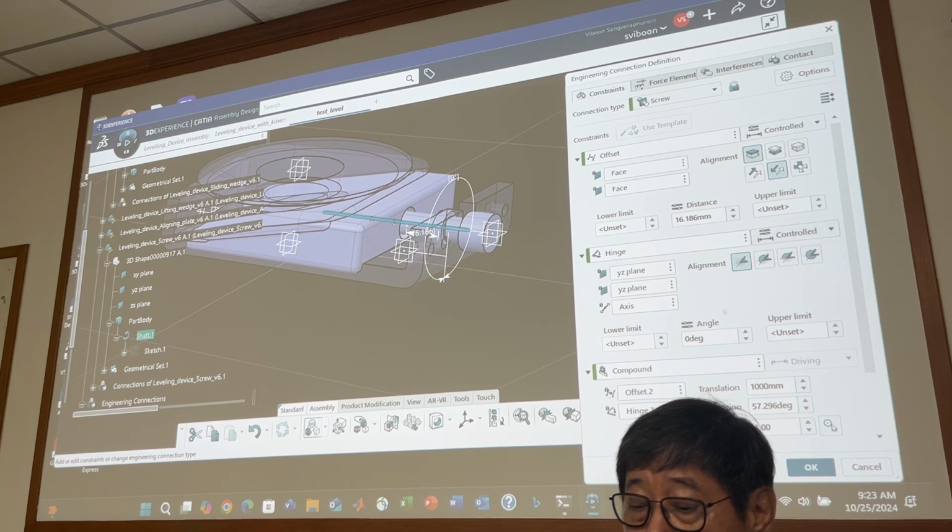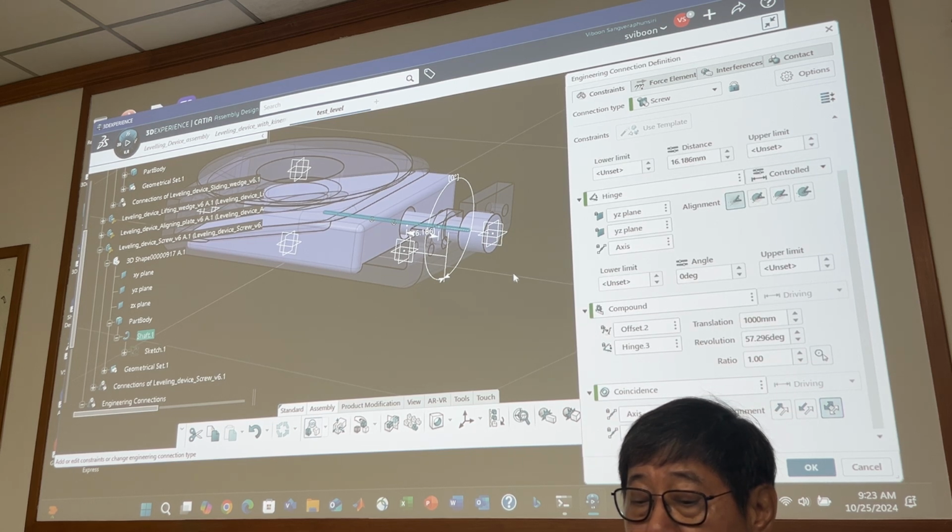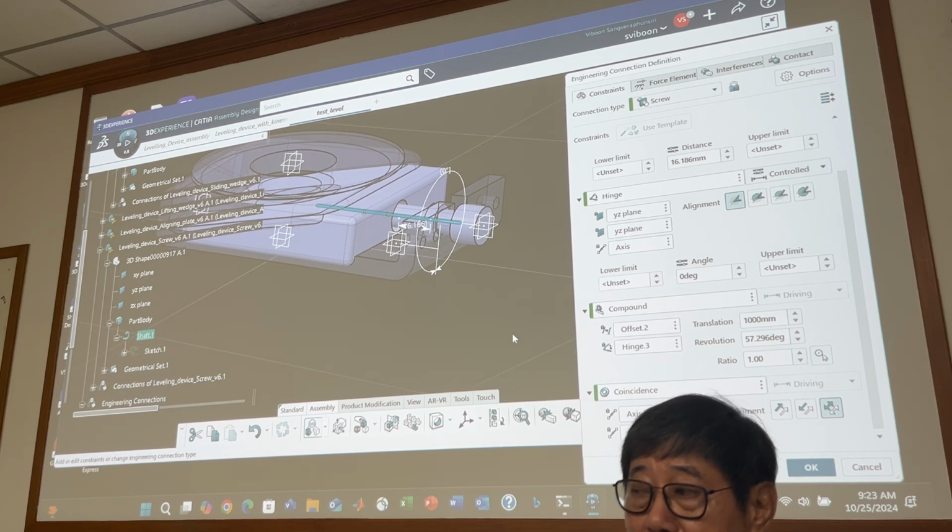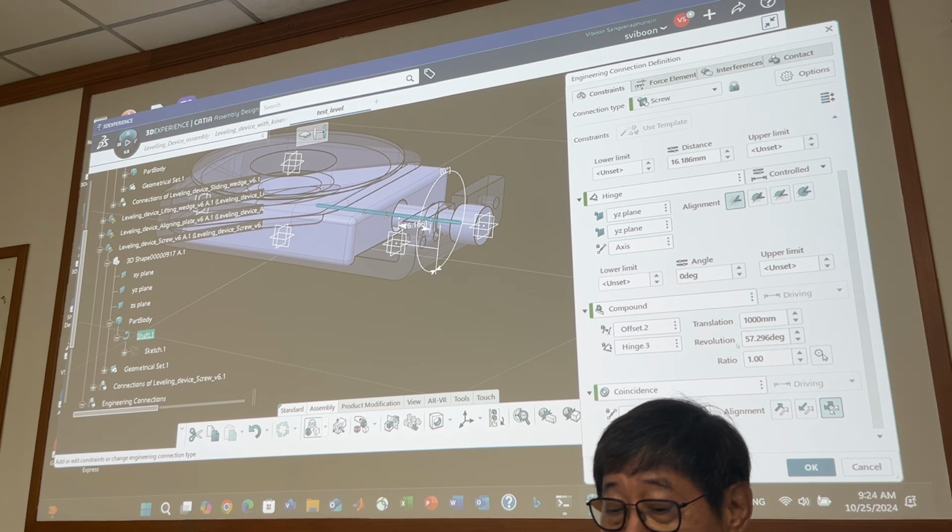Okay, so good anyway, and compound relation, I don't know, I just try anyway. Okay, we just put some number, let's say I said 360, I can put ratio here.